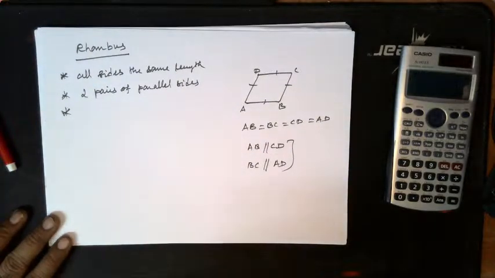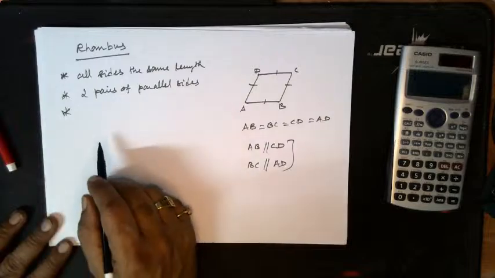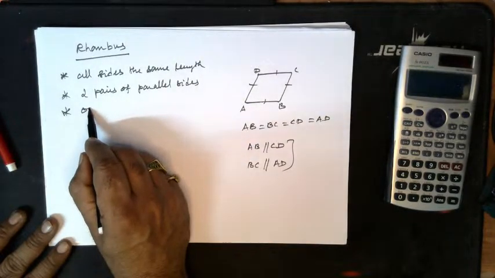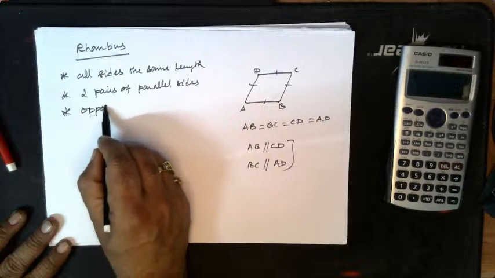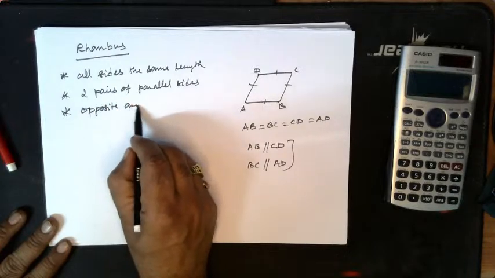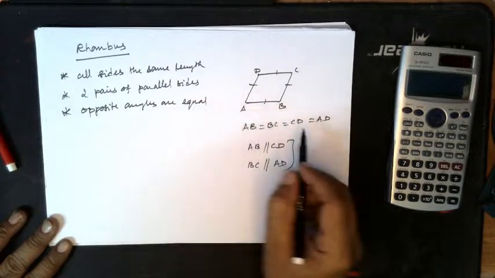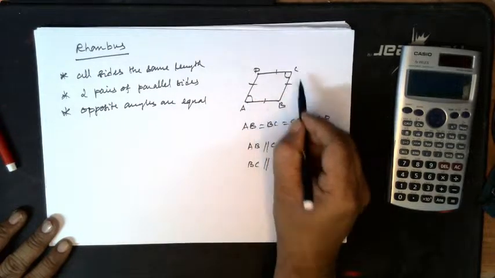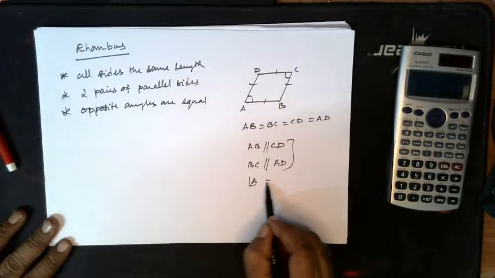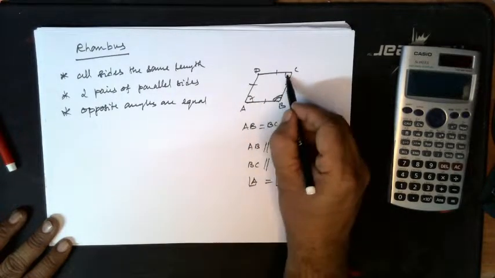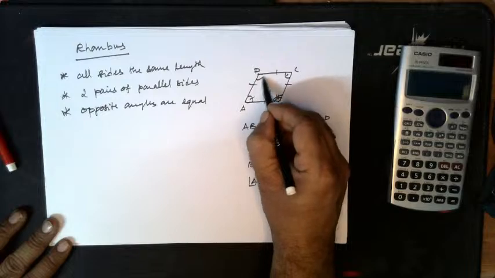Then opposite angles are equal. It means angle A is equal to angle C. Angle B is equal to angle D.